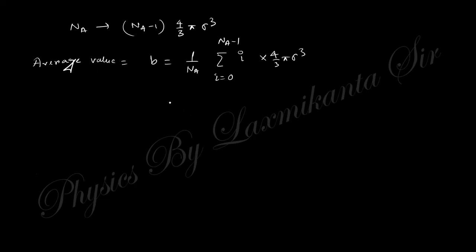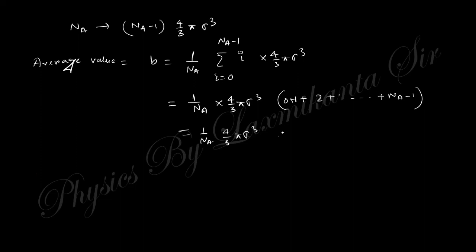So you can see here that is 1 by Na times 4/3 pi sigma cubed and the summation of i, that is 0 plus 1 plus 2 plus 3 dot dot dot up to Na minus 1. This is the summation of n minus 1 natural numbers, so you can say n into n plus 1 by 2, that is Na by 2.